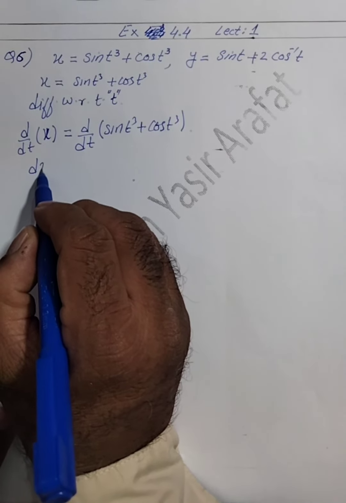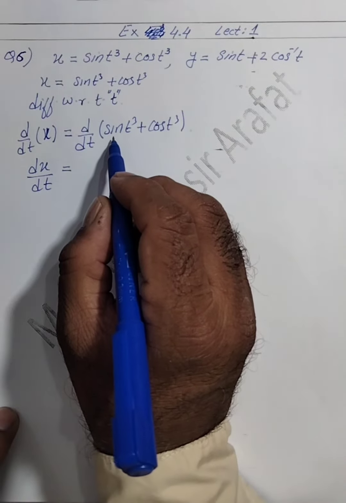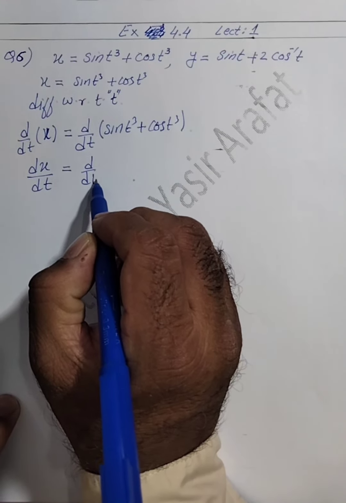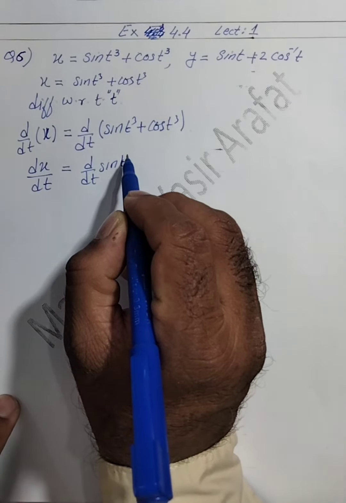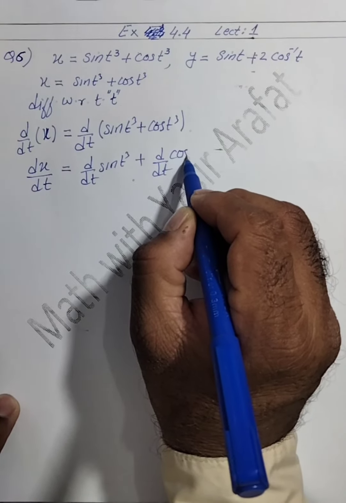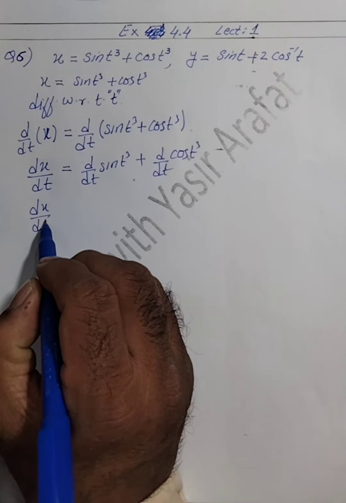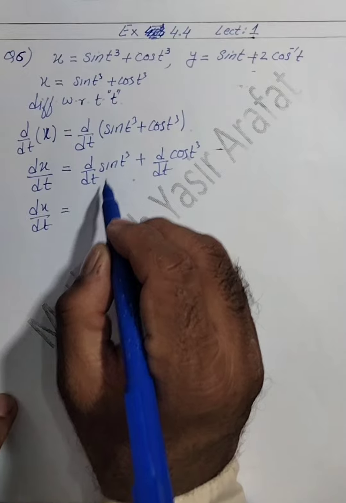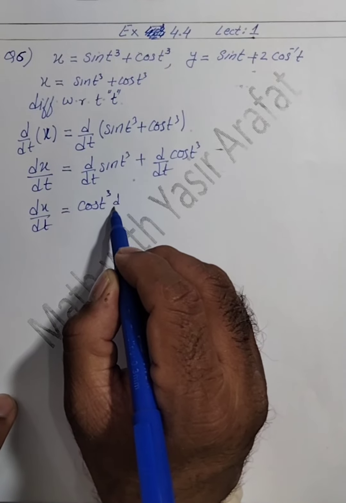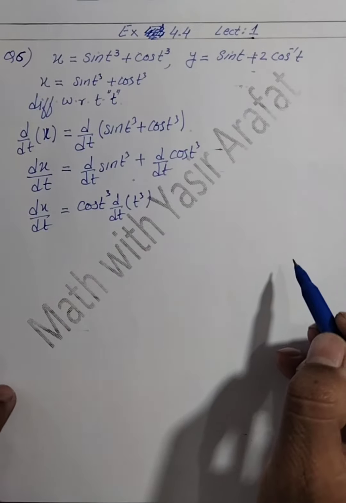So the derivative of x is dx over dt, that is equal to, now here we have to separate this one first, d over dt of sine t cube plus d over dt of cos t cube. So this is dx over dt. So the derivative of sine t cube is cos t cube, and then we have to find the derivative of its angle, because its angle is t cube.